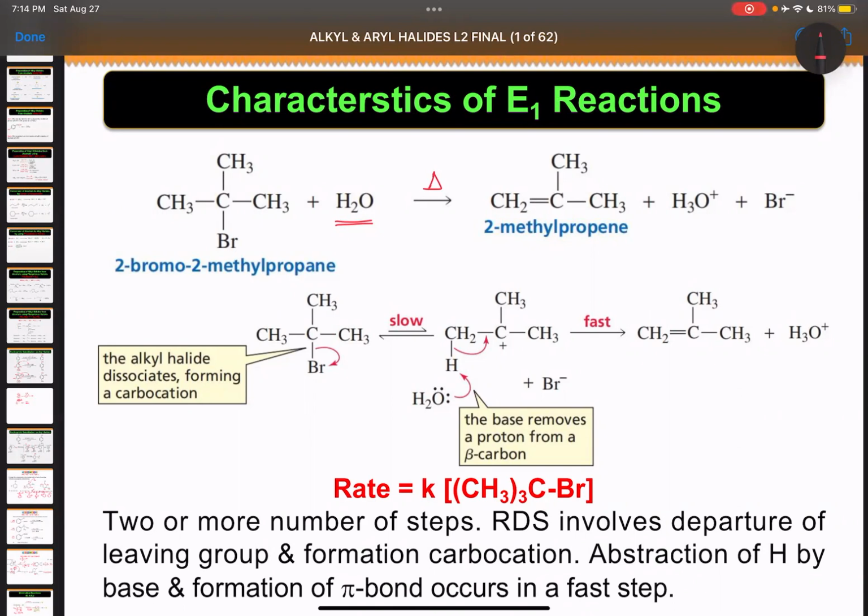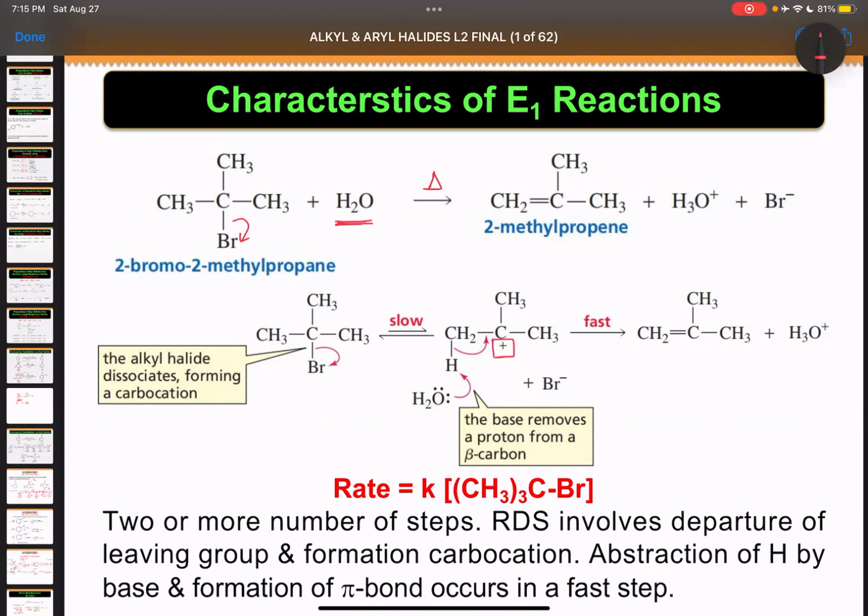So what happens here is you have taken water. Water is a polar solvent, right? That we know. And that will help. If you heat it, that will help the carbon-bromine bond to break away as carbon plus and Br minus. This is slow ionization of the carbon-Br bond that happens only in water if you are heating, leaving behind a carbocation.